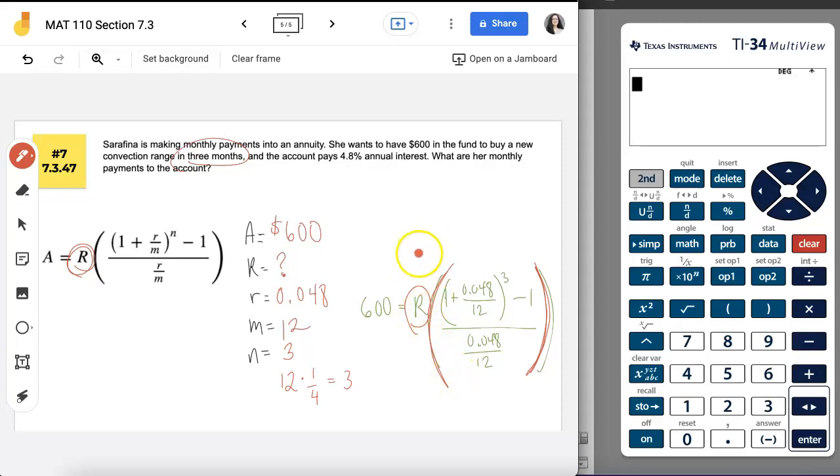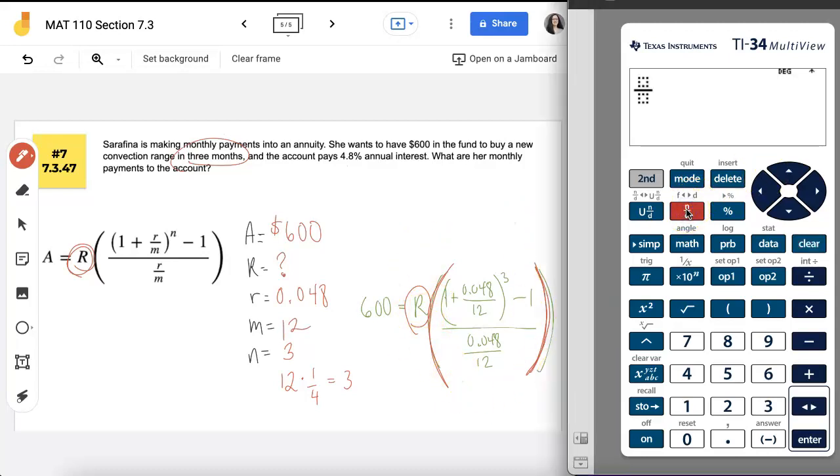I don't necessarily need these larger outer parentheses, so I'm just going to go directly for the fraction key. In the numerator, I have a parentheses, 1 plus, and then another fraction. So use the fraction key again. Type in the numerator, denominator, move out of the fraction, close the parentheses, and then the exponent here is 3.